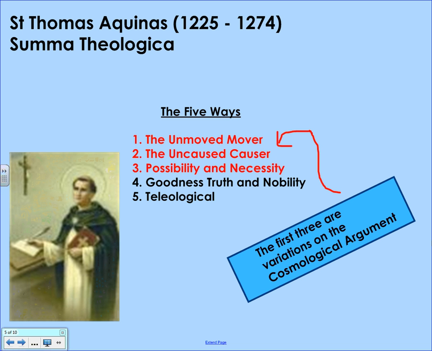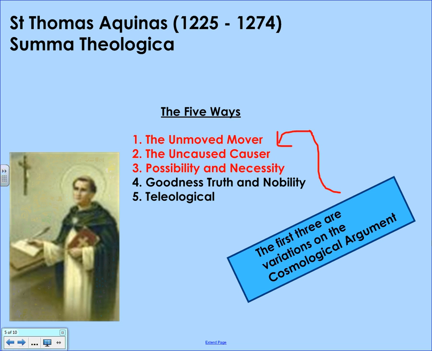So, Thomas Aquinas, in his book Summa Theologica, talked about five ways, or demonstrations, relying primarily on empirical evidence to try and demonstrate the existence of God. Now, the first three are the ones that we are interested in here.